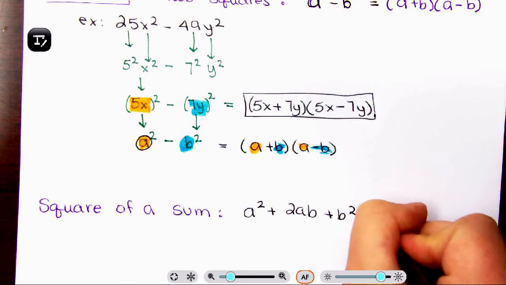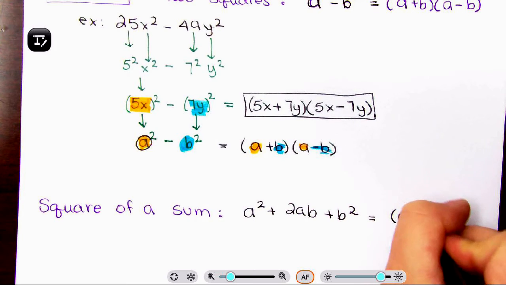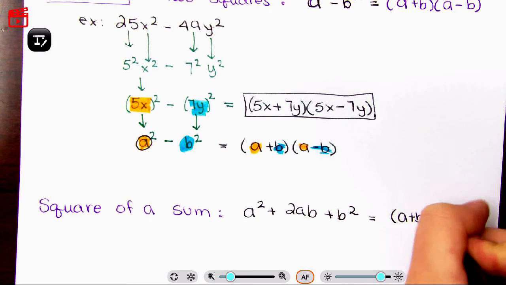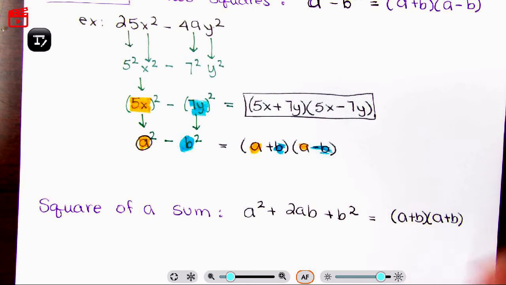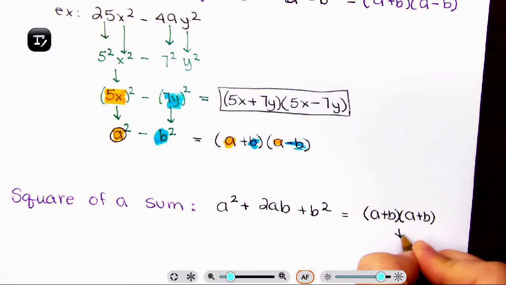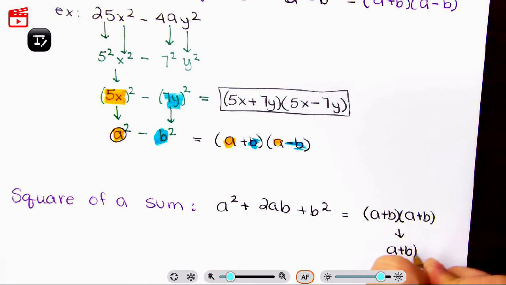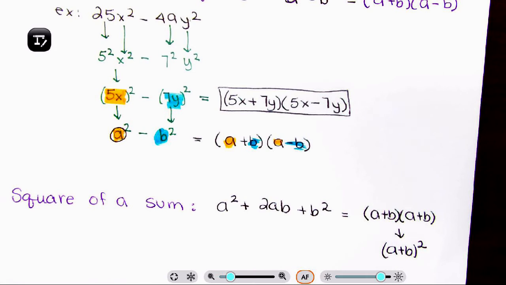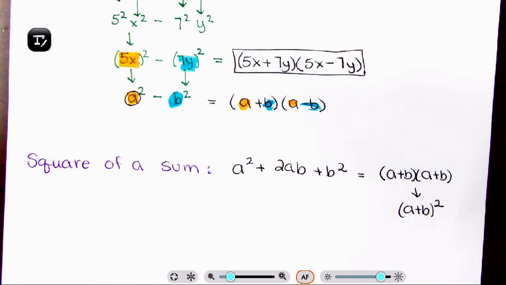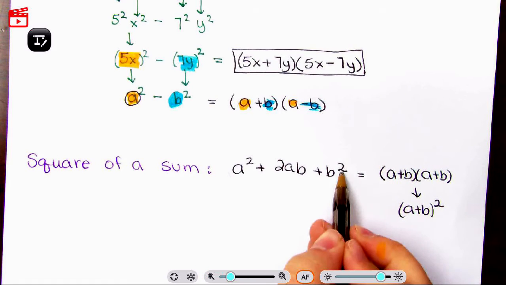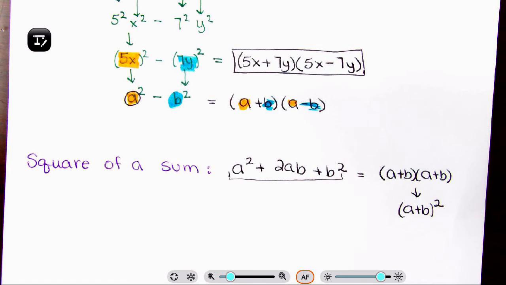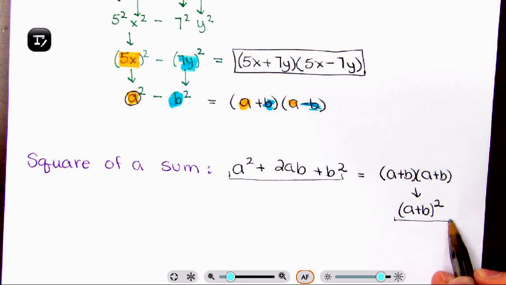What that means is you have a plus b times a plus b, and we simplify that as (a plus b) squared. When you're addressing these patterns, you need to know what the expanded form looks like, and you need to know how it's simplified to its factored form.